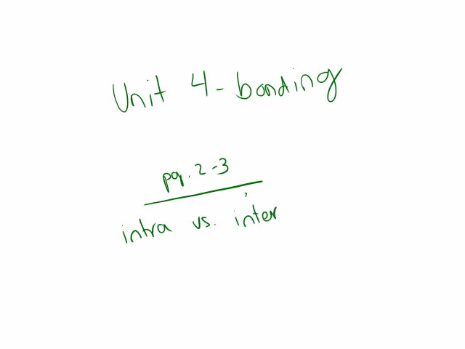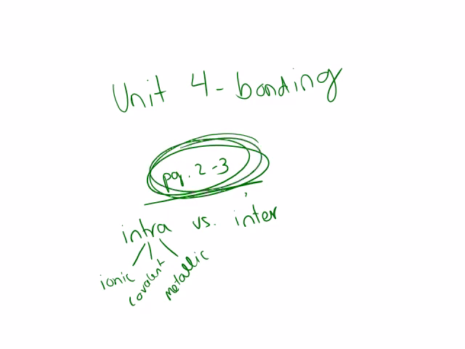And we also talked about types of intramolecular forces: ionic, covalent, and metallic bonds. You can read all of that information on pages 2 and 3 of your Unit 4 book. We are going to pick up today on page 4.